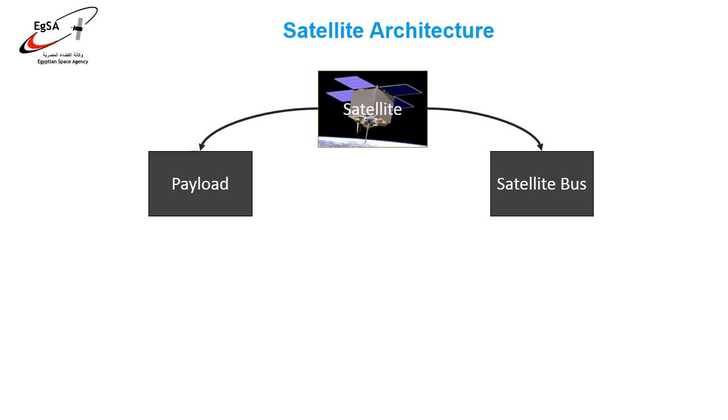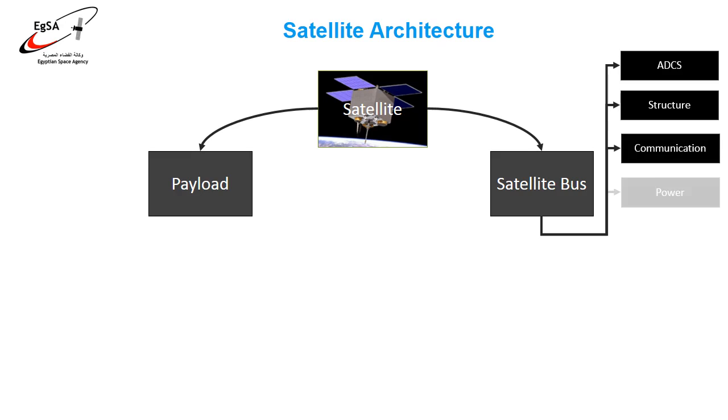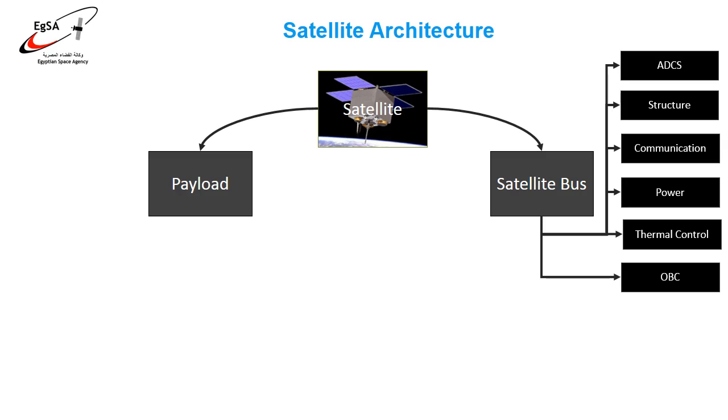The subsystems included under a satellite bus are the attitude determination and control subsystem, the structure subsystem, the communication subsystem, the power subsystem, the thermal control subsystem, and finally, the onboard computer subsystem, which is also known as the Command and Data Handling Subsystem or CDHS.